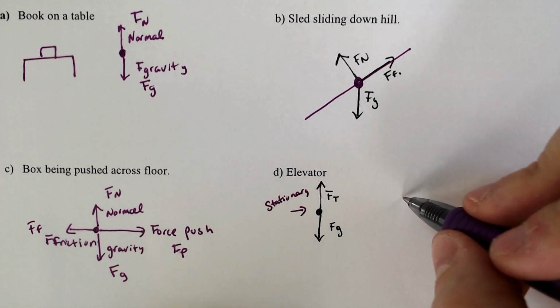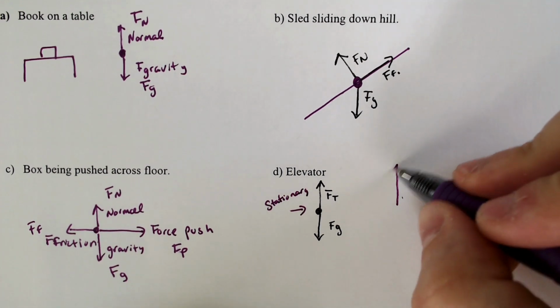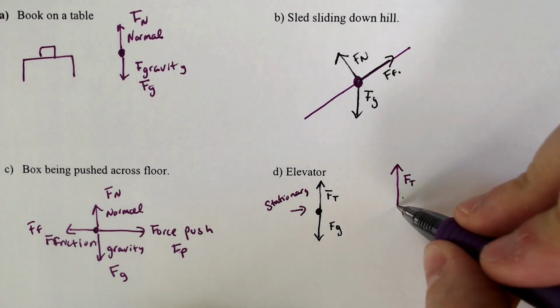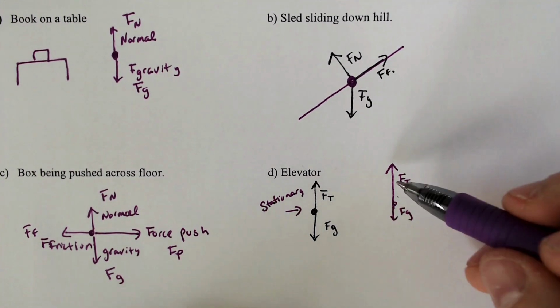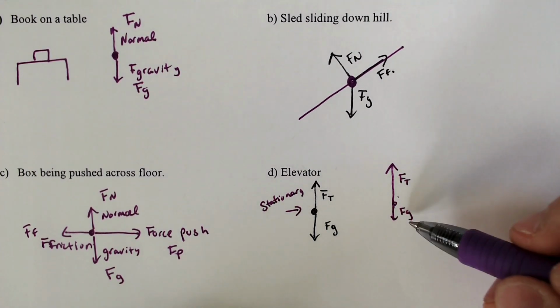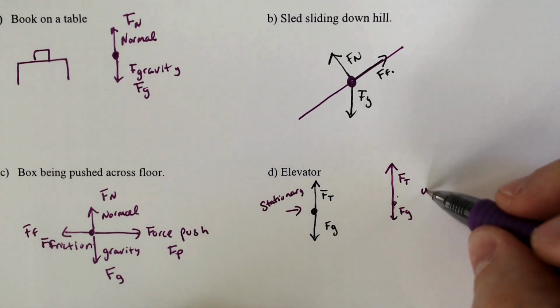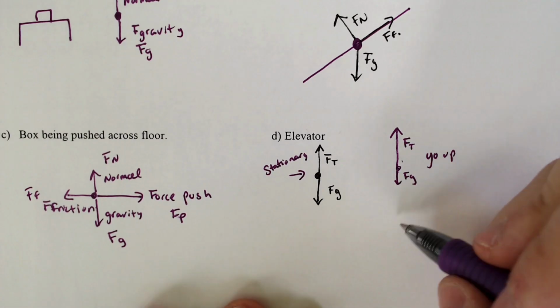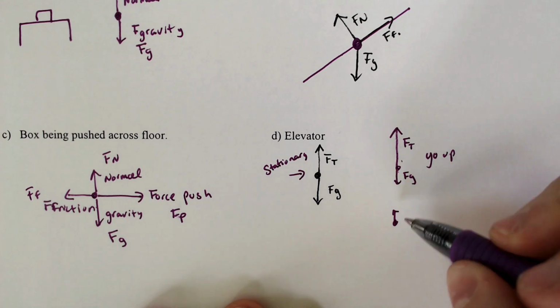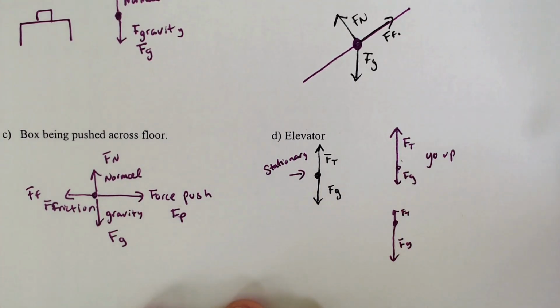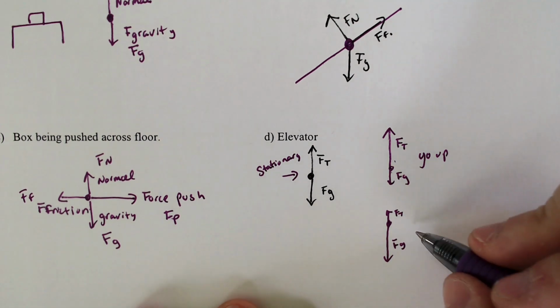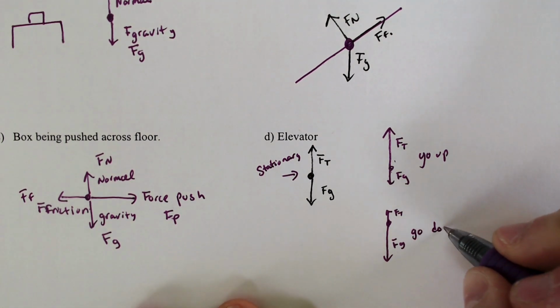Elevator's not moving. But if the force of tension is greater than that force of gravity, which way would we go? Well, if the force of tension is pulling us up more than gravity is pulling us down, we would go up. Versus if the force of tension was smaller than the force of gravity, then gravity would be winning the battle, and we would be going down in this elevator.